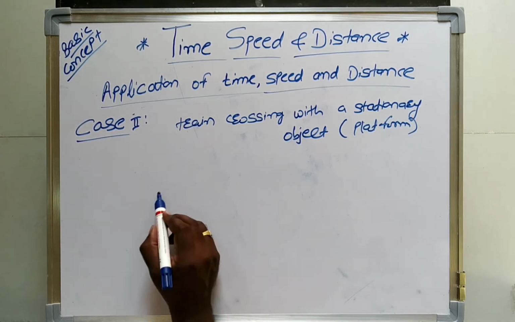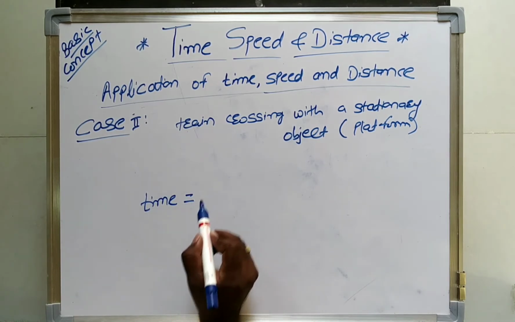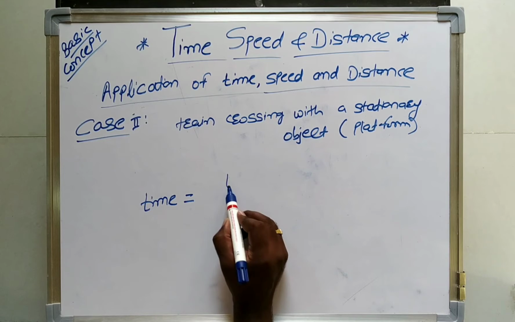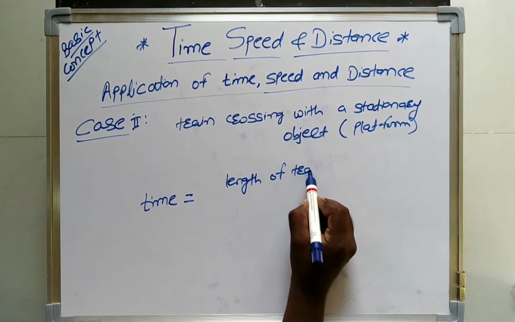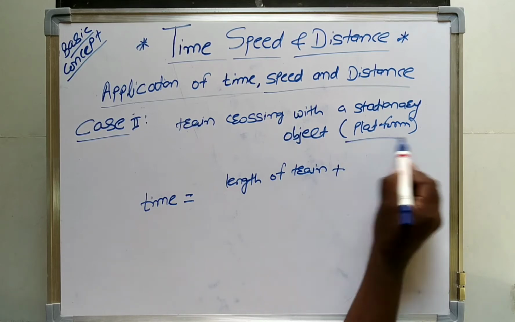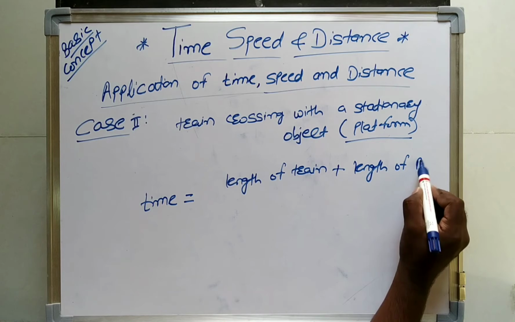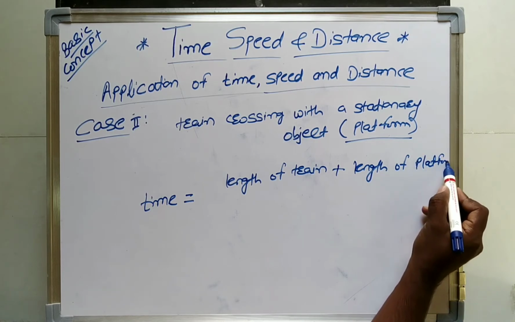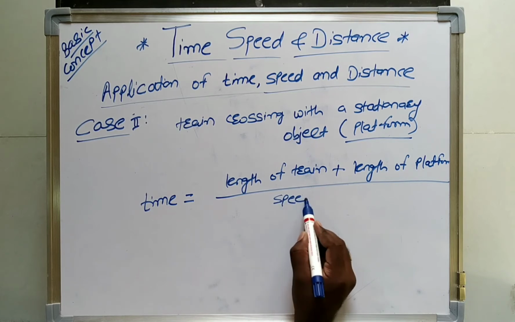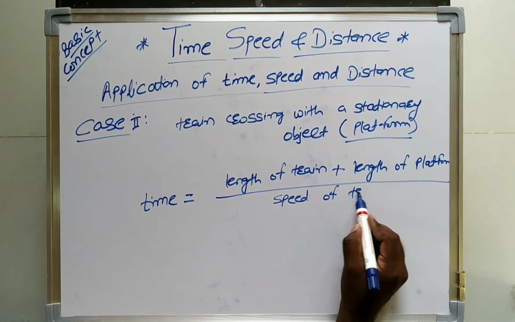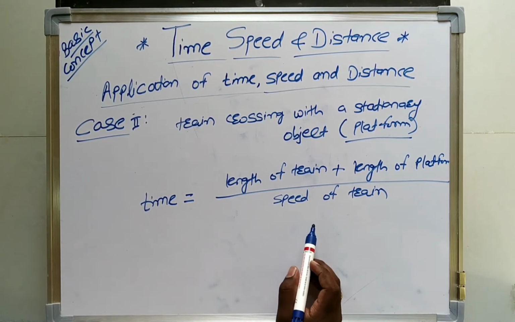Now the time taken will be the length of train plus the length of this platform, divided by the speed of train. This is the formula to calculate time.